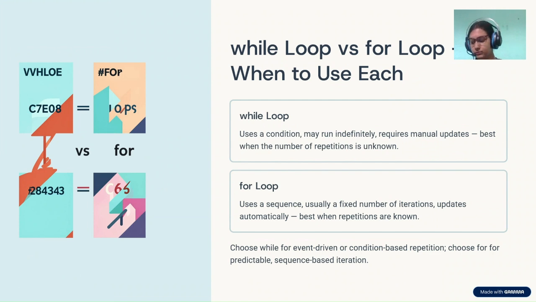Now, while loop versus for loop. If we compare these two, a while loop is useful when we don't know in advance how many times we're going to repeat the condition, as I told you, right?